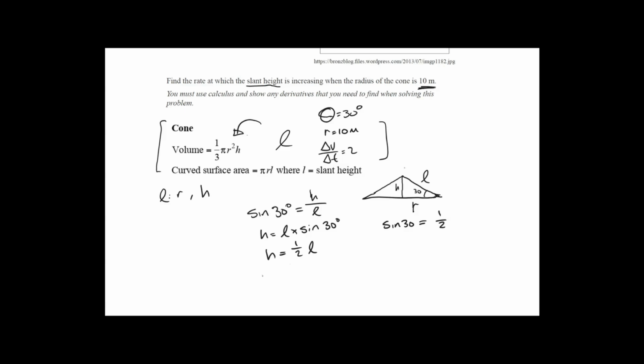So therefore, if that uses sine, then the other one's going to use cosine. R is going to be L times cosine of 30 degrees. And I think in the formula sheet they give you cosine 30 degrees as square root 3 over 2. So first off, we're going to need to change the initial condition so that it's not when R equals 10, it's when L equals a number.